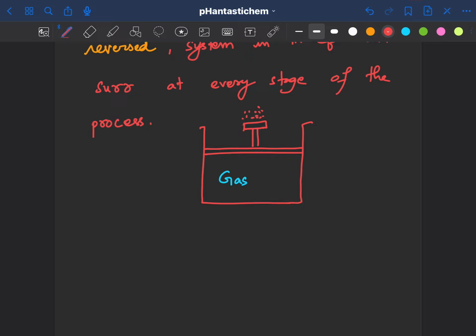Here the pile of sand and the piston will exert an external pressure on the gas. So let us say that is P external. The gas molecules will also be exerting a pressure on the piston back. So that is known as our internal pressure, or P internal.